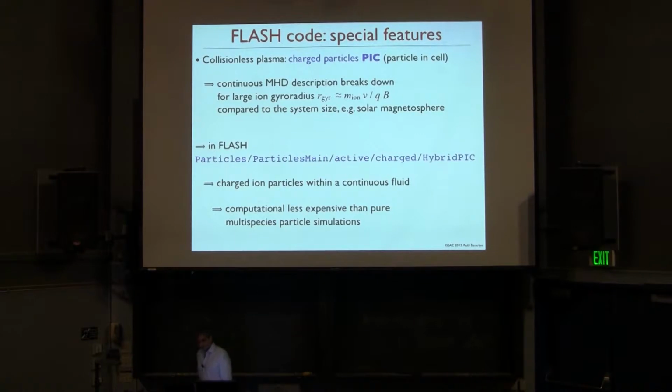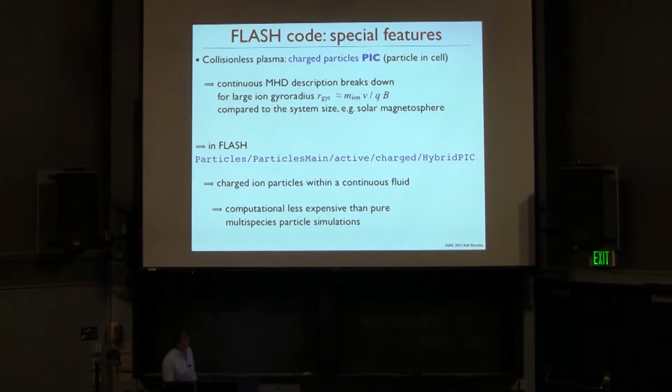But at the end of the day, you don't want to treat every particle as an individual particle, because this might get very, very time consuming if you treat, for instance, ions and electrons as individual particles, because they also have their individual time step. And you can imagine electrons are quite fast. So you want to still treat them as a continuous medium.